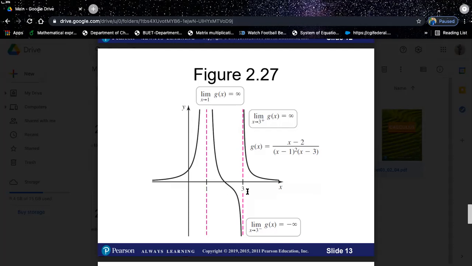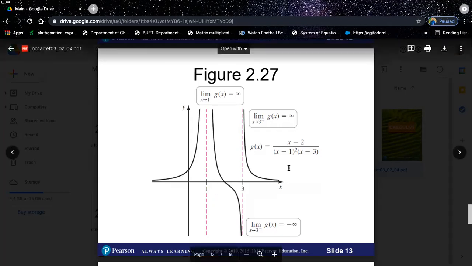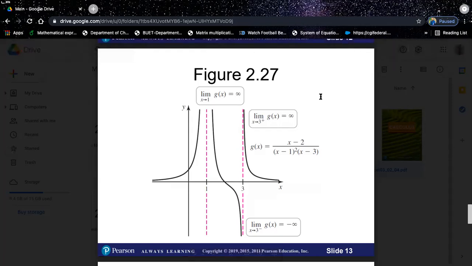Okay, now how does that satisfy the definition or the requirements of the vertical asymptote? We know if you're approaching a point and the function is going towards either side of infinity, then we say that at x equals that value, let's say a, we have an asymptote. So let's cross-check whether that satisfies our requirements or not.